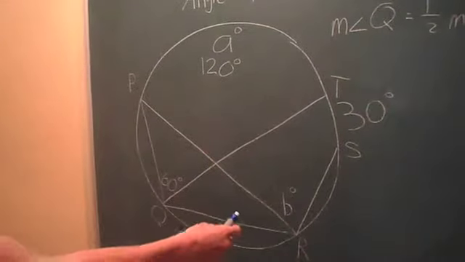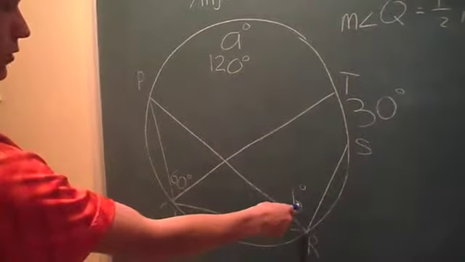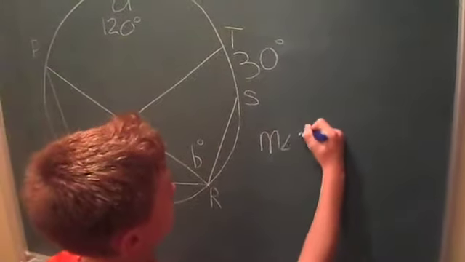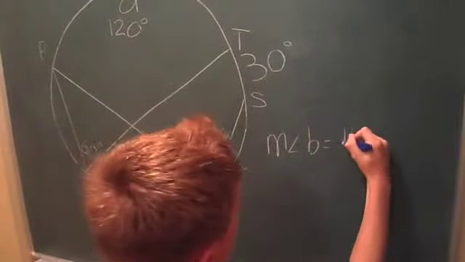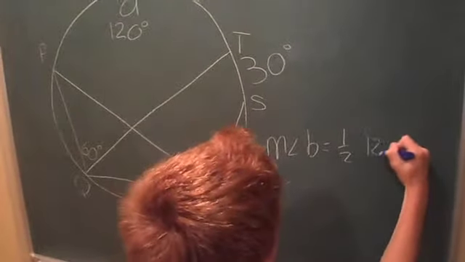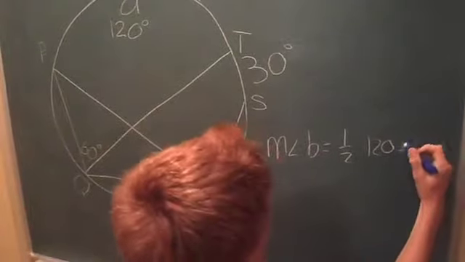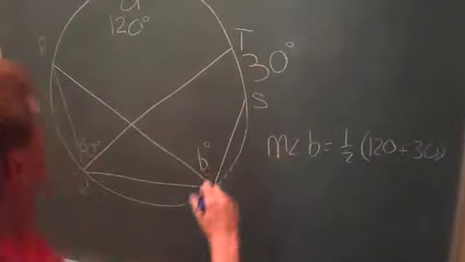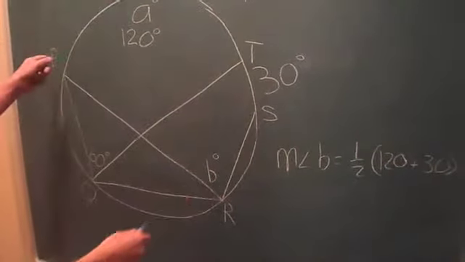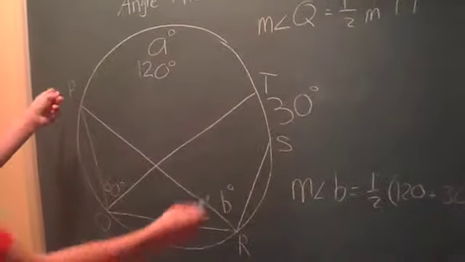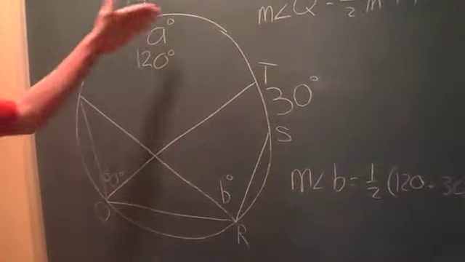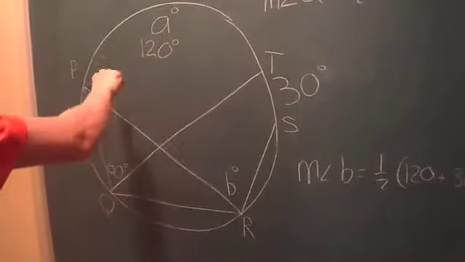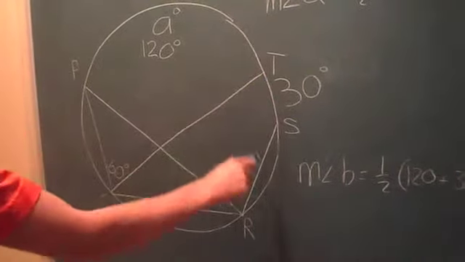Now that we have A, we can solve for B. The measure of angle B equals half of 120 plus 30, because angle B covers arc PTS, which is 120 for PT and 30 for TS.